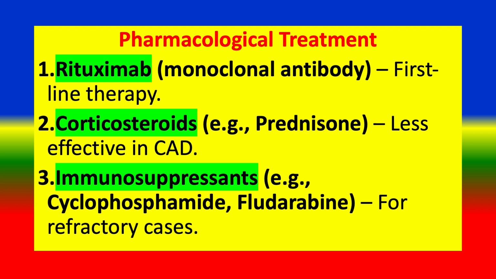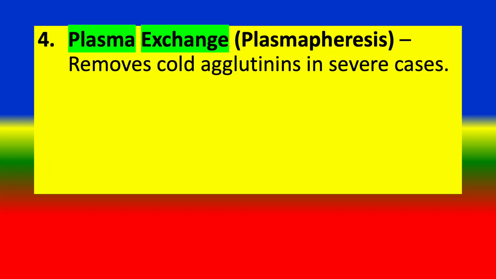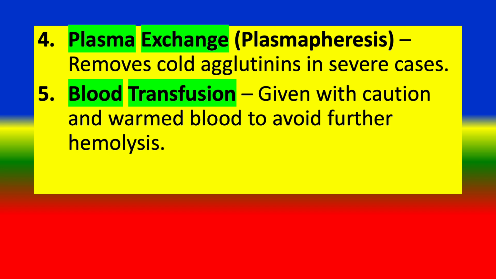Immunosuppressants. Example, cyclophosphamide. 4. Refractory cases: plasma exchange removes cold agglutinins in severe cases. 5. Blood transfusion given with caution and warmed blood to avoid further hemolysis.